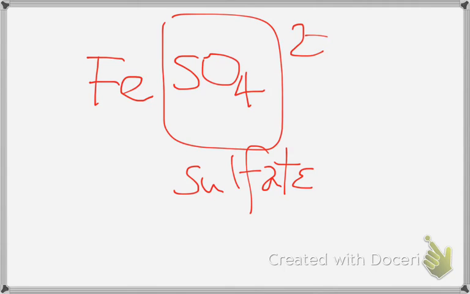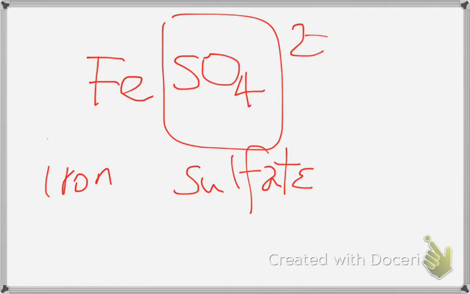Okay, and then Fe is iron. With the cation, you just write out the word, so it's iron. You have to be careful if it comes from one of the transition metals. Many of them, not all of them, can have more than one charge, and iron is one of these.